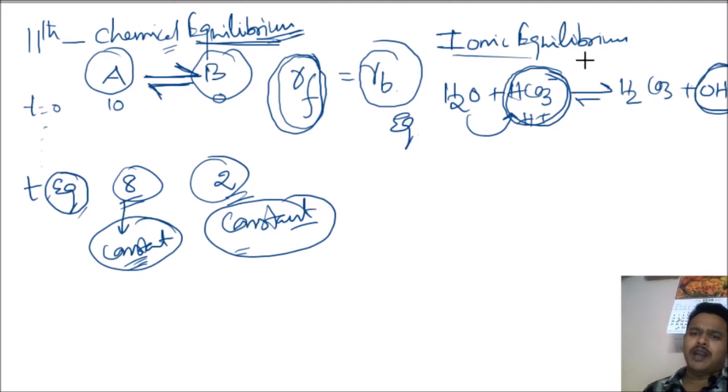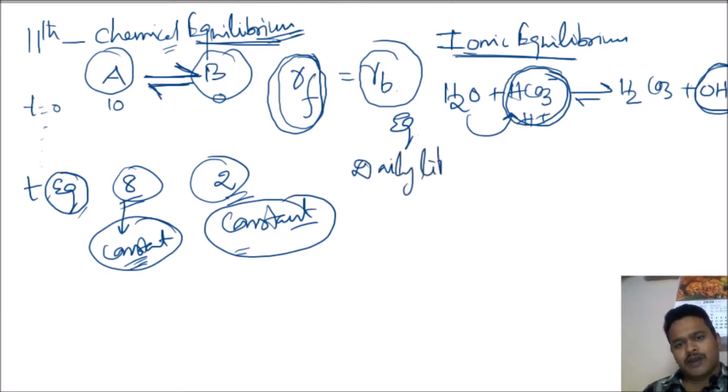Why did we study ionic equilibrium separately? Why do we study equilibrium with ions? Because in our daily life, whatever we are using, and also in our body, some electrolytes are involved. In daily life, milk contains lactic acid.